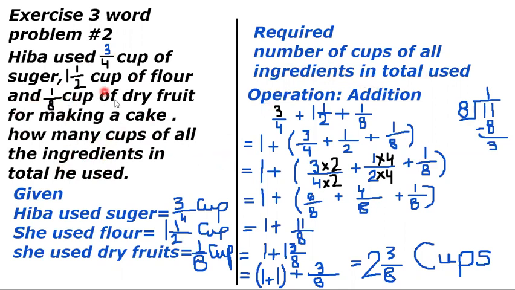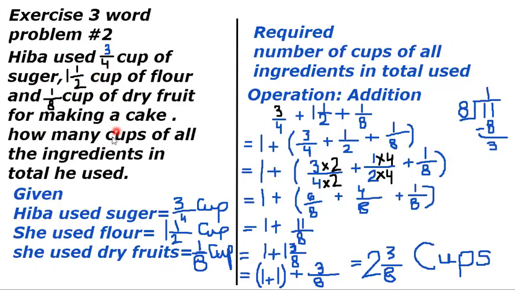Now in all the word problems you have to decide, out of 4 operations, you know 4 operations are addition, subtraction, multiplication and division, which operation you have to do to solve this problem.